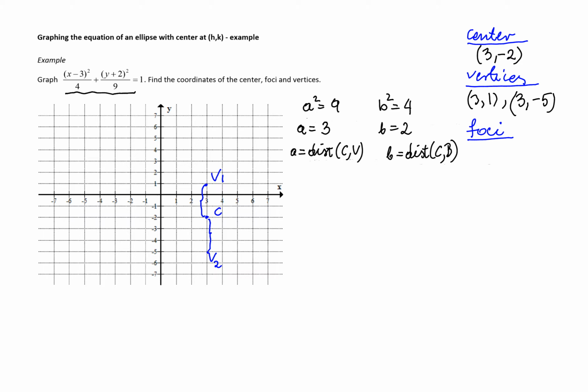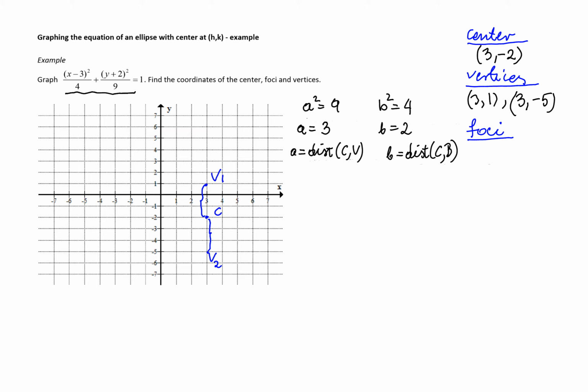Value b, which is 2, will be used to find the endpoints of the minor axis. Since the major axis, a line going through the vertices, is vertical, the minor axis will be horizontal and will pass through the center.